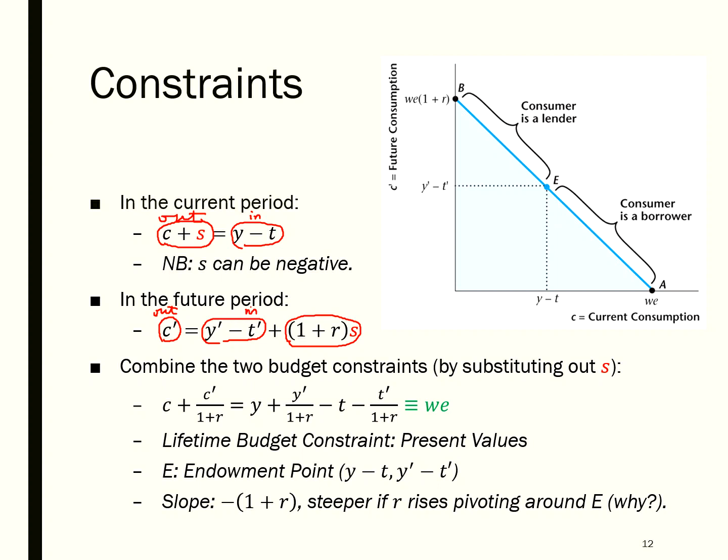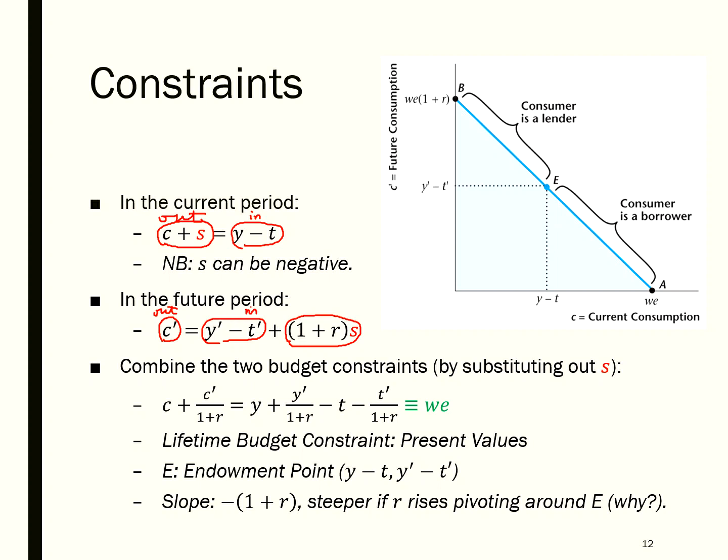The left-hand side is the sum of the present values of consumption, and the right-hand side is the sum of present values of after-tax income, which can be defined as wealth, WE. It effectively describes the lifetime budget constraint in present value terms.